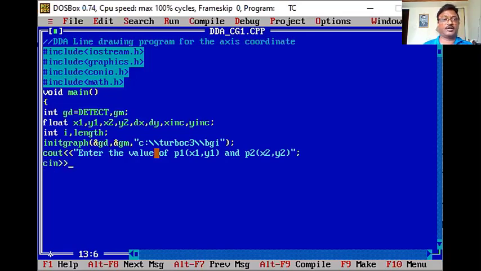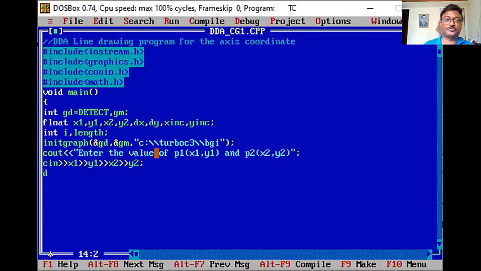So where can you store it? Here x1, y1, x2, and y2. That's your starting point and ending point of the line. Now, start your algorithm. What the algorithm said is that you have to find out dx and dy first.